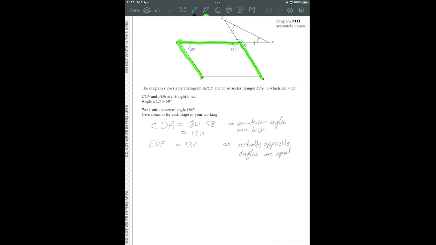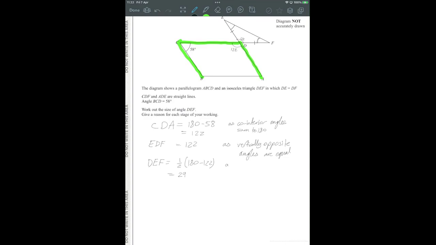So we also have that 122 in there. And now finally we've got our isosceles triangle. So what's that? DEF is half of the leftover angle from that triangle. So half of 180 minus 122, half of 58, so that's an angle of 29.